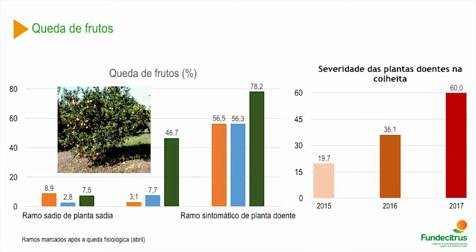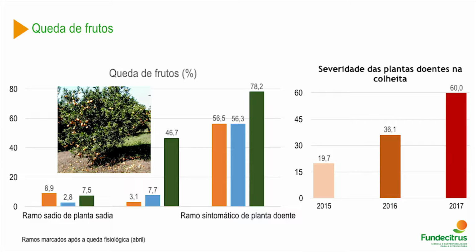So here we have the physiological drop for healthy plants varying from 3 to 8%. Here we have a drop in asymptomatic branches of a diseased plant. That is, as the plant gets more diseased and the disease increases in severity, 20 to 30% of the canopy affected, then this drop will also increase in asymptomatic branches from 7 to 46%.